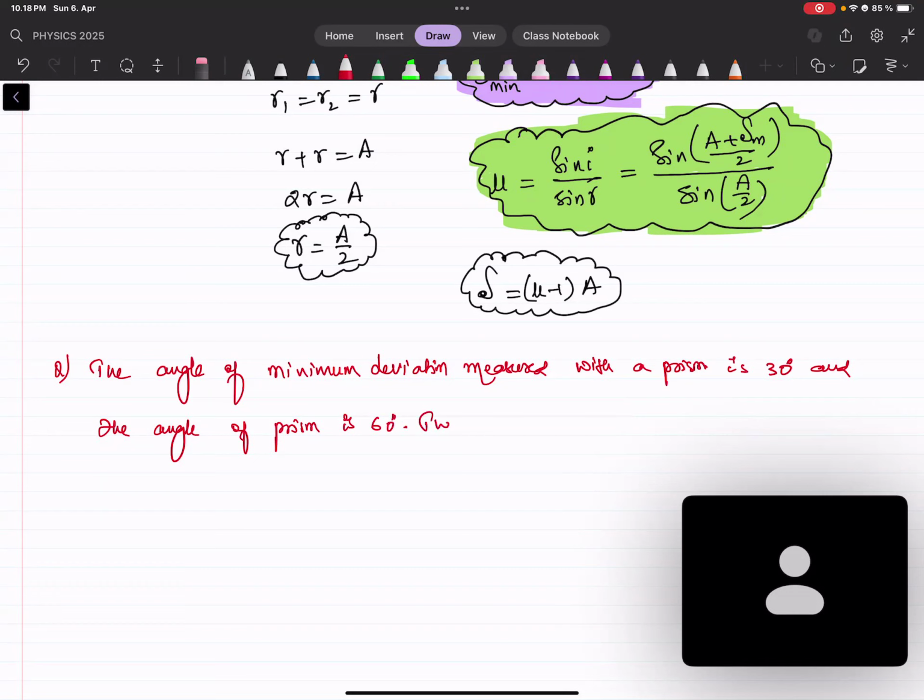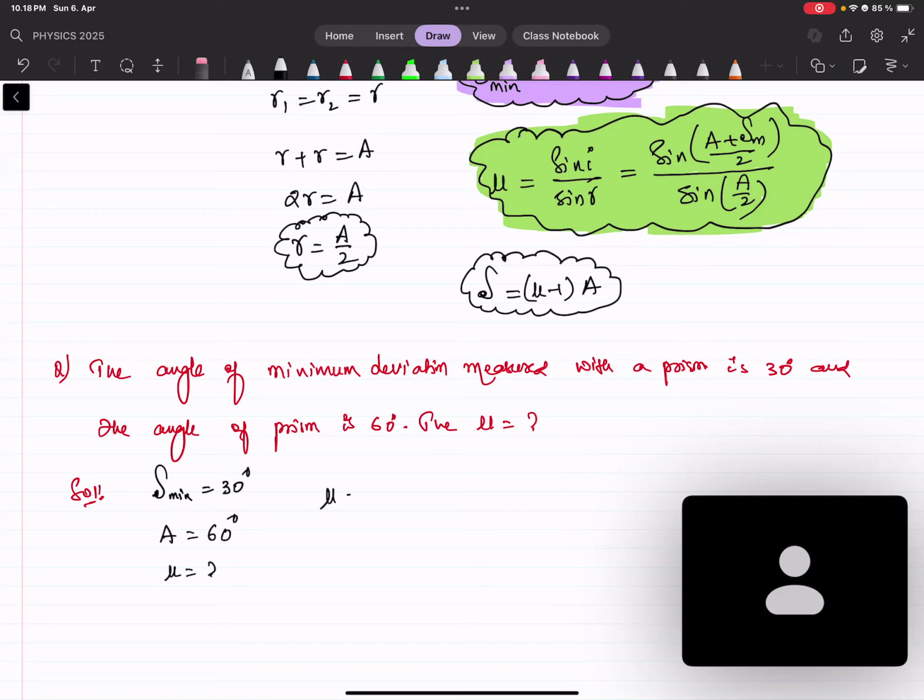The refractive index of the prism, mu, is how much? Try to do it faster. Minimum deviation is 30 degrees, angle of prism is 60 degrees. Need to calculate the refractive index.